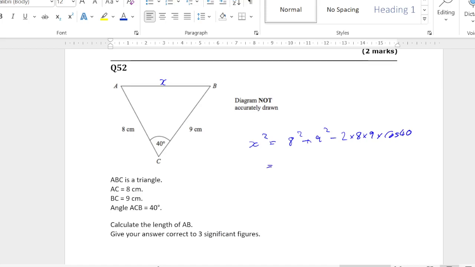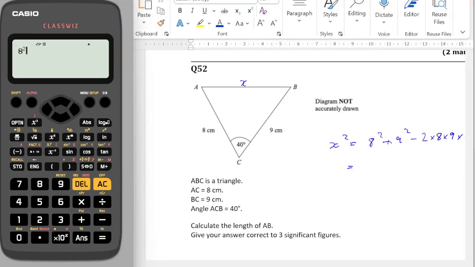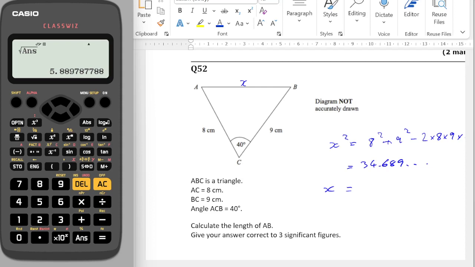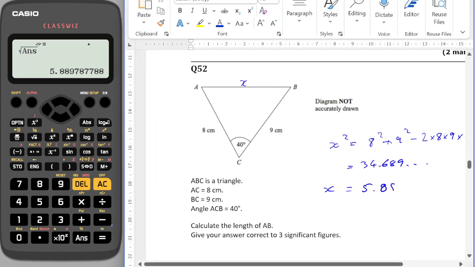So that's going to give me 34.689 dot dot dot. So x, the length that I'm after, is going to be the square root of that. So 5.8897 dot dot dot. So that's going to be 5.89 centimeters.